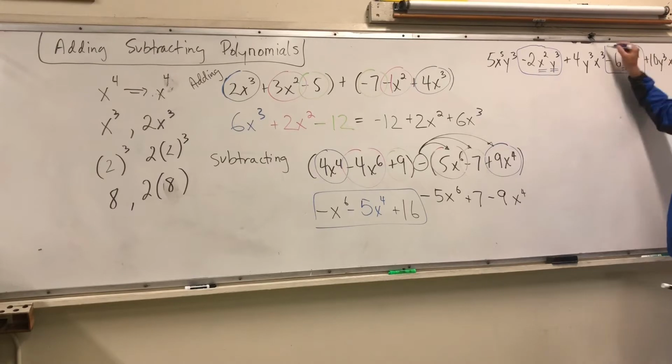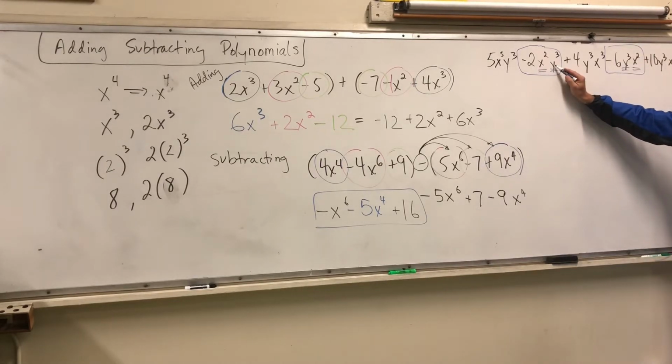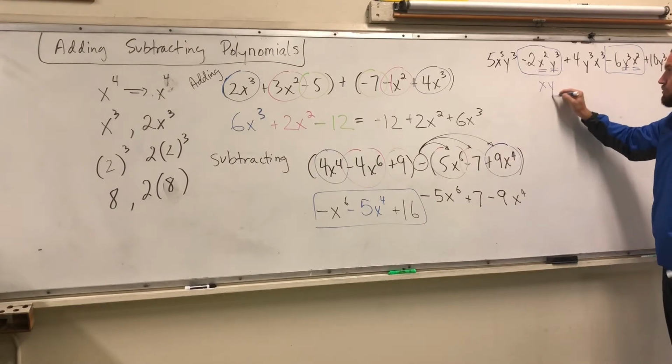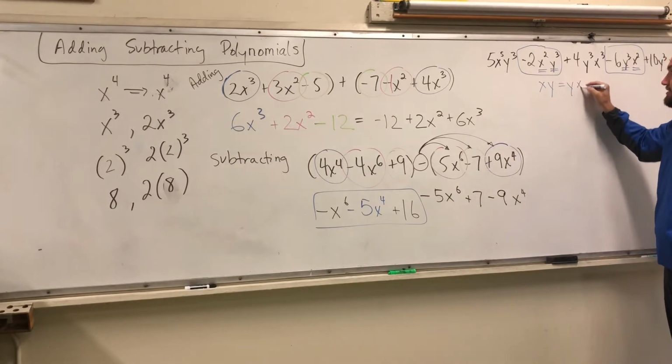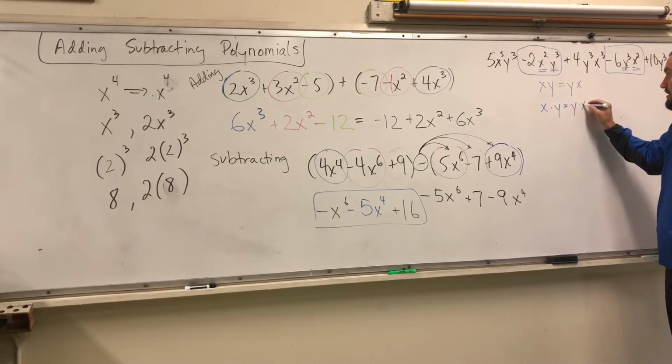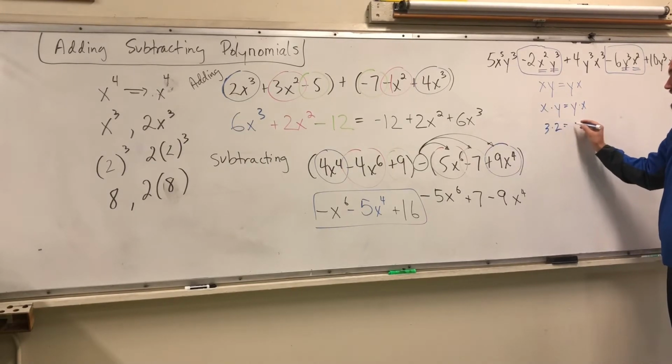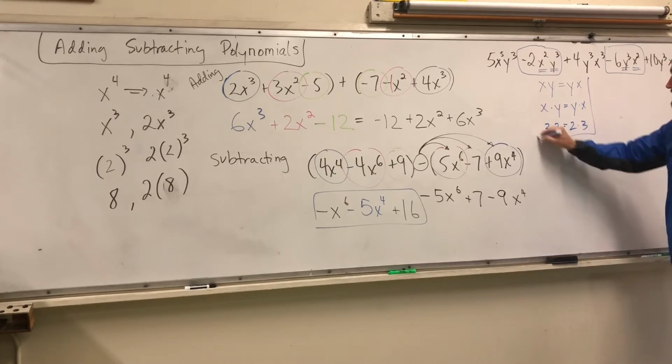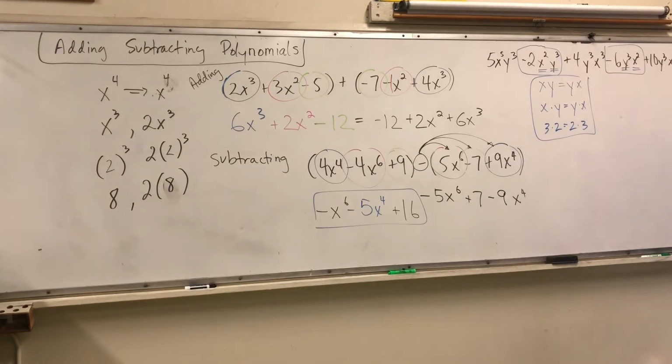Even though the x and the y are in different order, remember xy is equal to yx. That's multiplication, and 3 times 2 is the same as 2 times 3. So if these are in different order, that's okay.